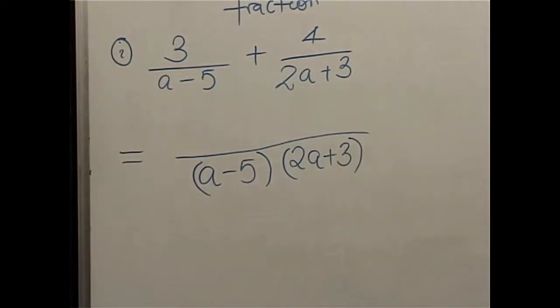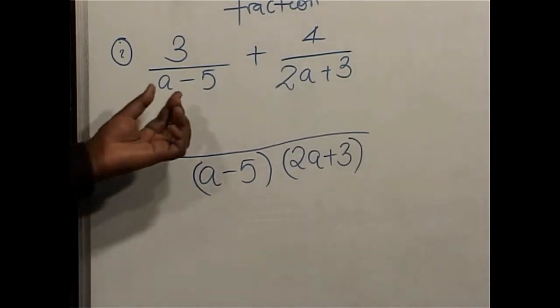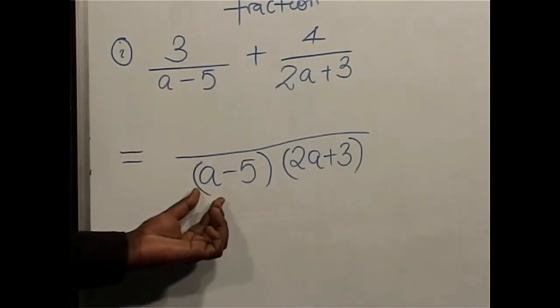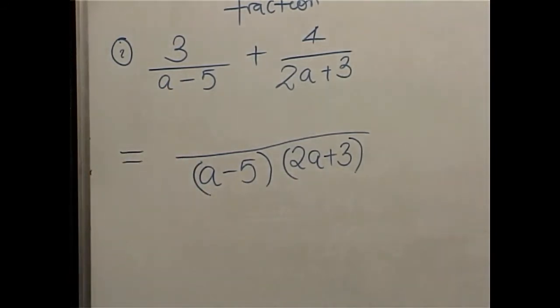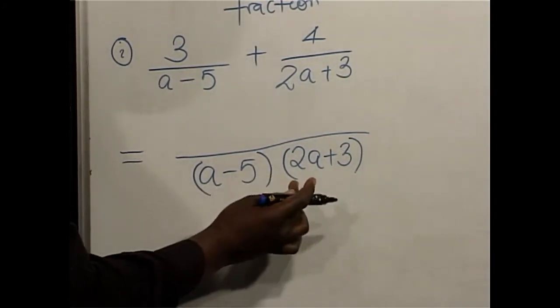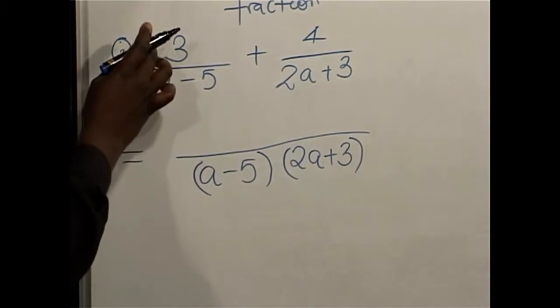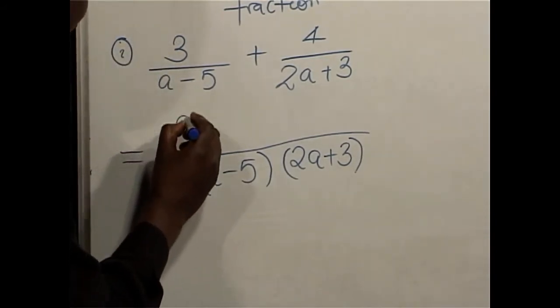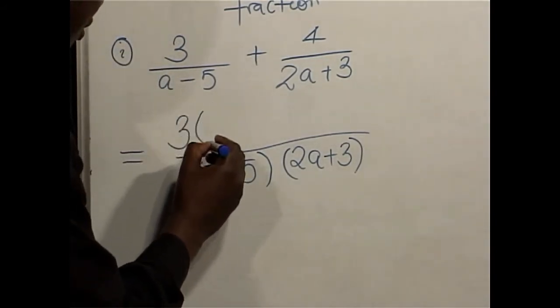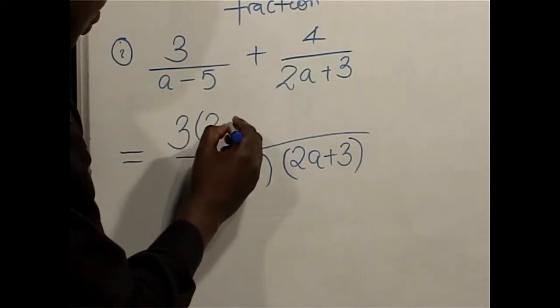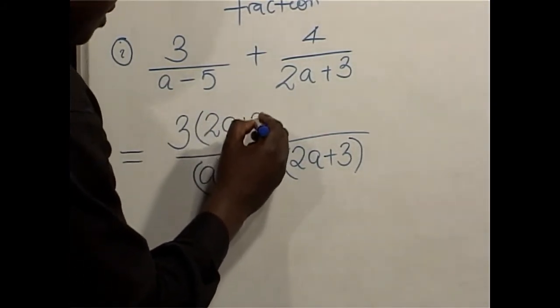Then we are going to proceed. We take the first denominator divided into this lowest common denominator, and we are going to appreciate that when that division is done, the result is going to be 2a plus 3. So the 2a plus 3 must be multiplied by the numerator 3. So we are going to have 3 multiplied by 2a plus 3.